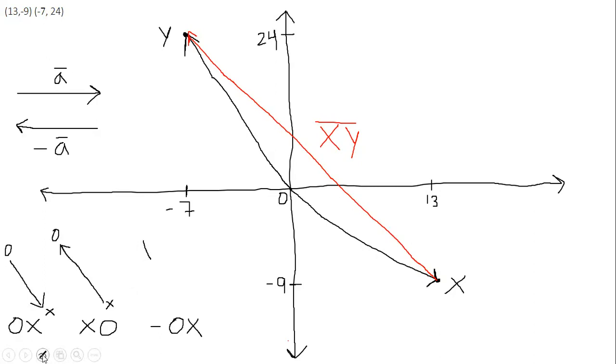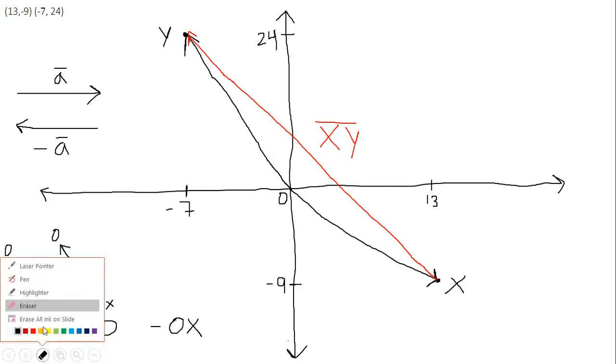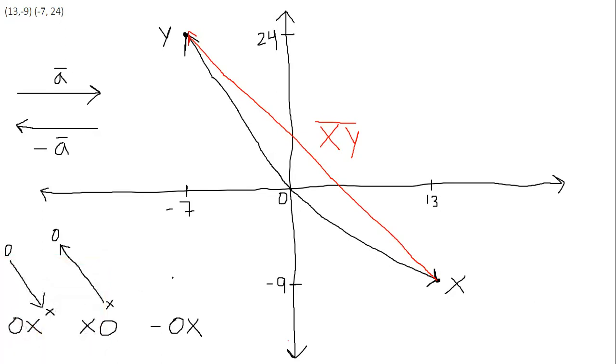Let us write it properly. So there we go. These vectors are supposed to have the same size.